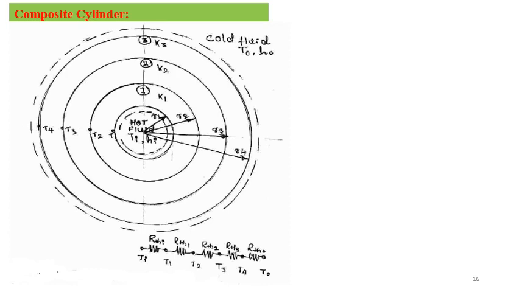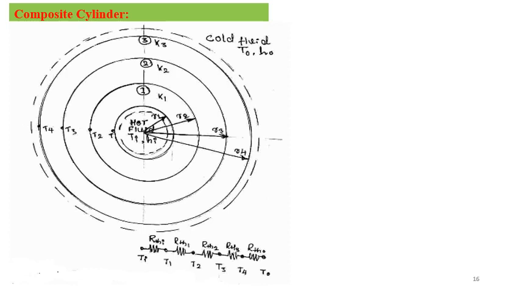Now you have to imagine a hot fluid flowing inside the composite cylinder, which is made up of three materials, three layers, 1, 2, 3. Inside hot fluid is flowing and outside cold fluid is flowing. Now heat is transferring from inside to outside, obviously, from higher temperature to lower temperature.